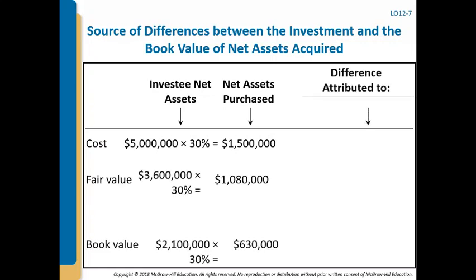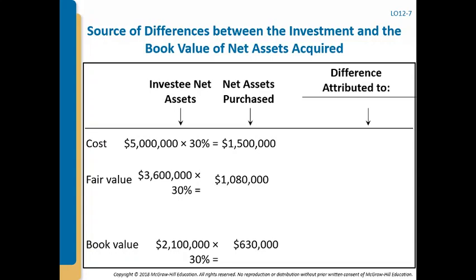All right. So here, the difference between the net assets purchased, or at least the 30% of net assets purchased, is 1.5 million, and we saw that the book value was 3.6 million, and so United's portion, and they've got this backwards. It says cost 5 million times 30%.